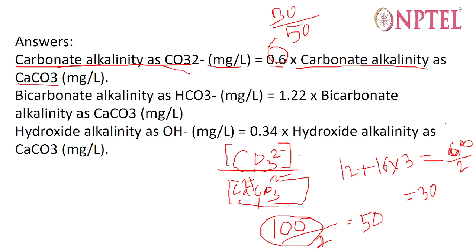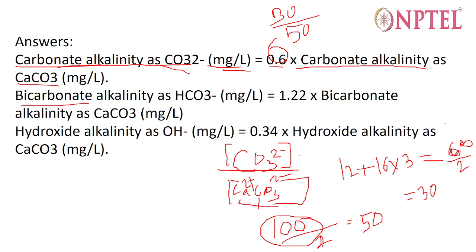These equivalent weights get cancelled, and it is converted into the carbonate alkalinity as CaCO3 in mg per liter unit. We will discuss similar kinds of actual numerical questions. This is the formula-based or conceptual question. Then it will be clearer than this one. So we will do this later.